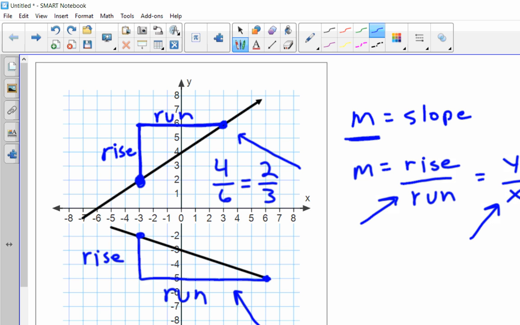Just counting squares, I went down 3, 1, 2, 3, and I went over 1, 2, 3, 4, 5, 6, 7, 8, 9. That's my run. Once again, I want to see, can I reduce it? Yes, I can. 3 goes into both, so I reduce that.